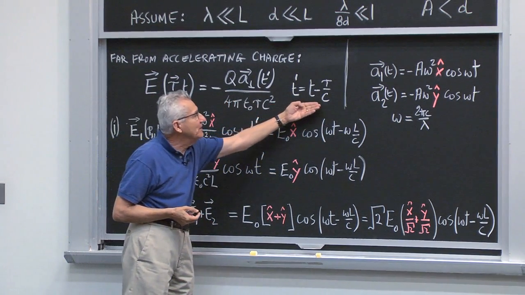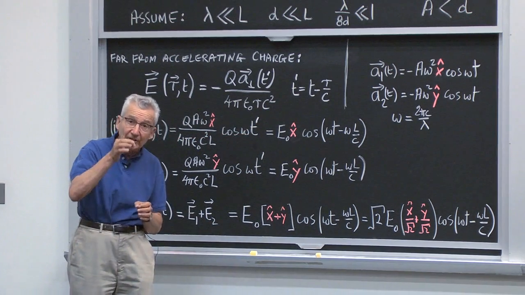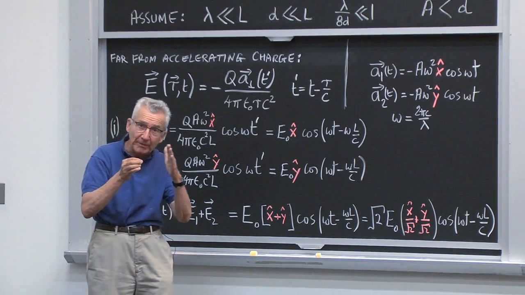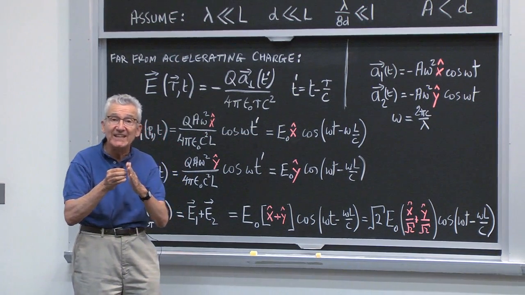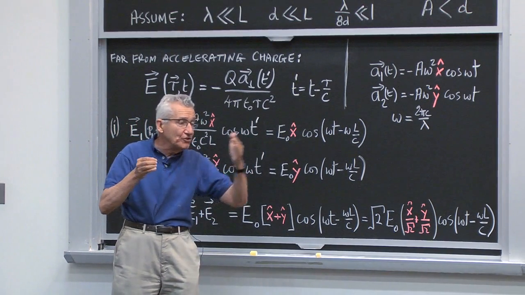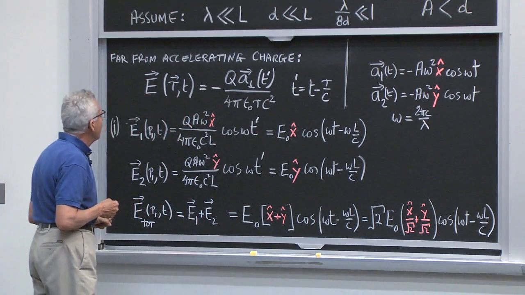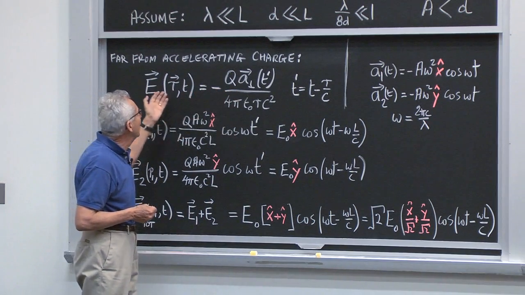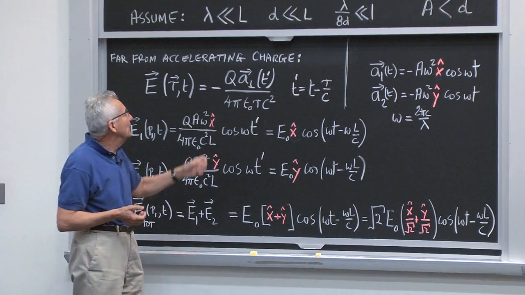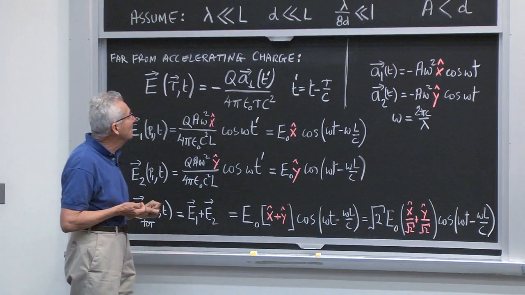All that this does is reflect the fact that if I have somewhere an accelerated charge, at that instant the electromagnetic wave starts to propagate, and it takes a time r over c to reach a distance r. That's all this is telling us. The other thing this is telling us, the wave front is a sphere. The amplitude of the electric field drops off like 1 over r.